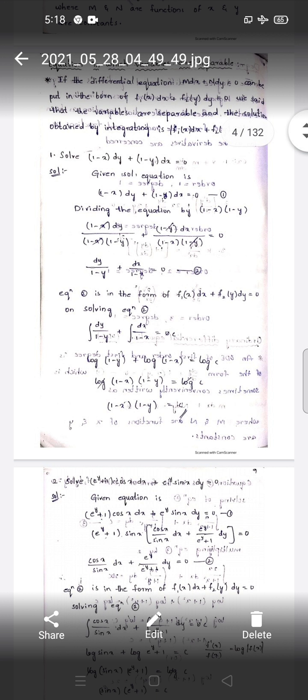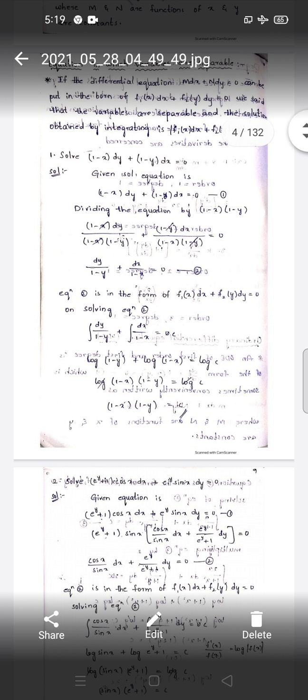This is the separation of variables. Next, for the second example, the first is an ordinary differential equation of the given problem. Comparing with the ordinary differential equation of the form M dx plus N dy is equal to 0, it can be put in the form f1 of x dx plus f2 of y dy is equal to 0.